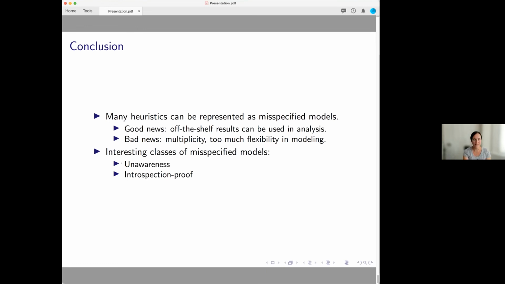If the answer is yes, and the model is not introspection proof, then this misspecified model may not survive. Whereas if the answer is no, then the misspecified model could survive, even if the correct model is out there and the agent has it in the back of their head as well.